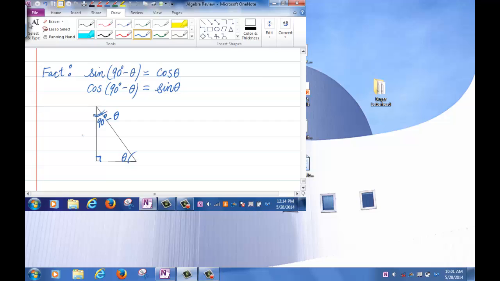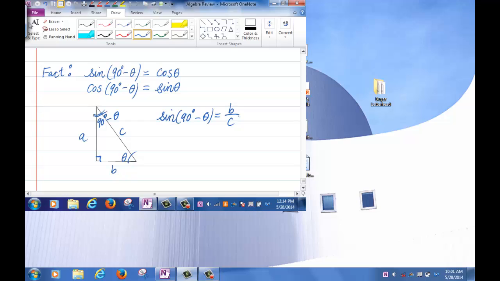Let's call this side A, this side B, and this side C. So what is sine of 90 minus theta from the triangle in terms of the sides? It's B over C. It's the opposite over the hypotenuse, right?